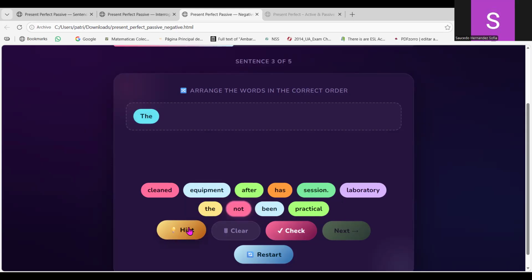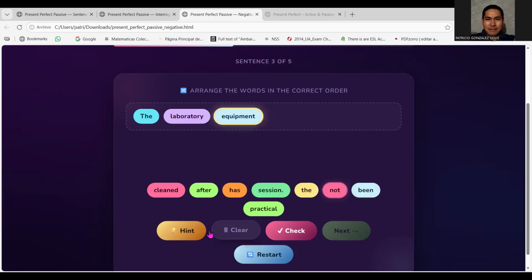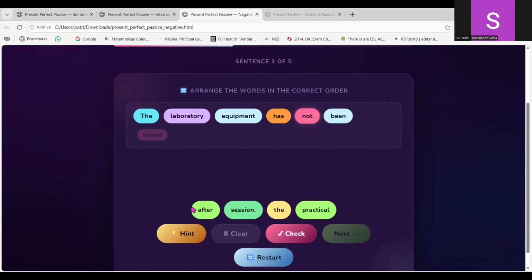The laboratory equipment has not been cleaned after the practical session.